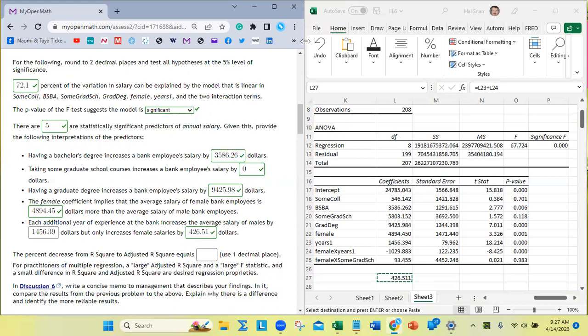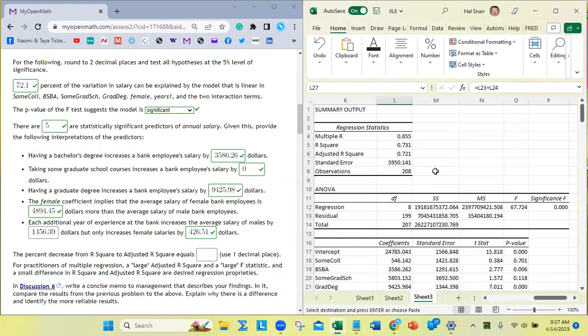The percent decrease from R square to adjusted R square, let's look at that. We're going from R square to adjusted R square, so we're going to calculate a percent change here. And the percent change is what it is minus what it was, divided by what it was.